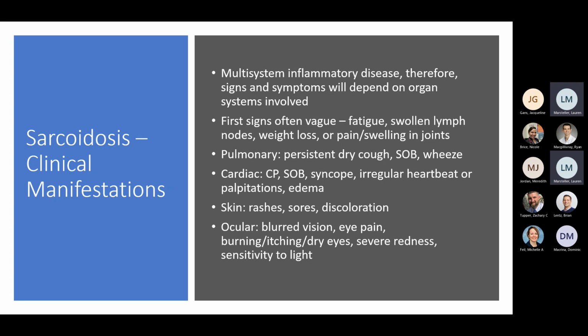Some skin findings for patients: they can have rashes, sores, discoloration, and sarcoid is a disease process that's well known to infiltrate the eyes as well. So they may report blurry vision, eye pain, dry eyes, redness, sensitivity to light. So again, it really depends what organ systems are involved. So there may be some overlap, like if your patient has, they don't have to have the skin findings, but they could. This is just the broad range of what you might see for patients that have sarcoidosis.